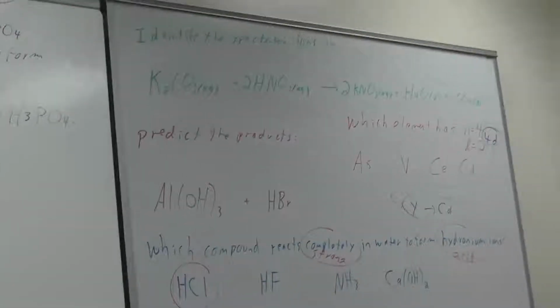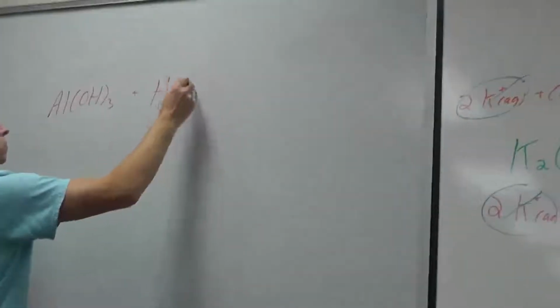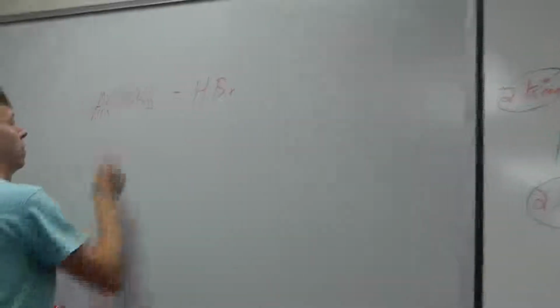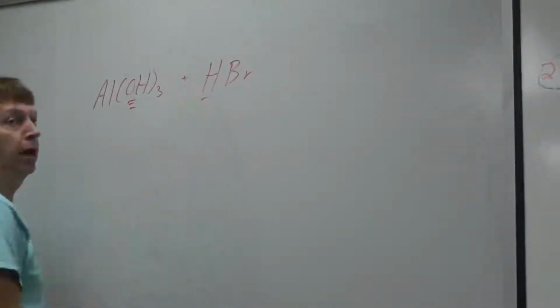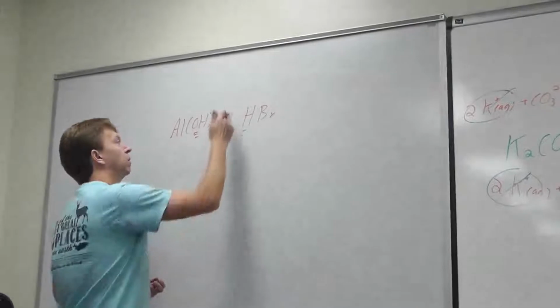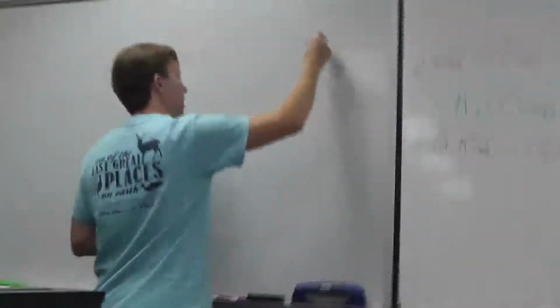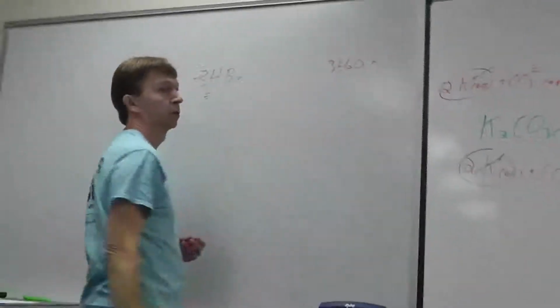So aluminum hydroxide, hydrobromic acid, 3 hydroxides here, but 1 hydrogen there. That's not right proportions for neutralization. We need 3 hydrogens to counteract 3 hydroxides. That automatically means we're going to have 3 waters, right?